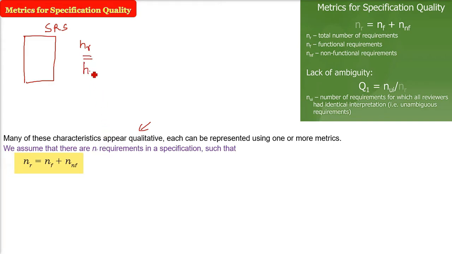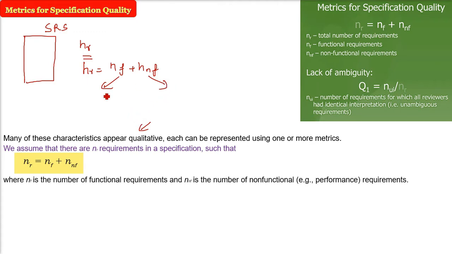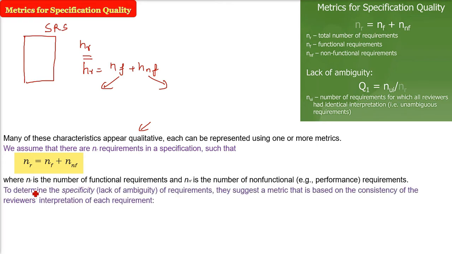So what is NR? NR will be NF plus NNF. All these F and NF are subscripts. The first one is the functional requirement. The second one is the non-functional requirement. Non-functional requirements are specifically written, and some are explicit, some are implicit.